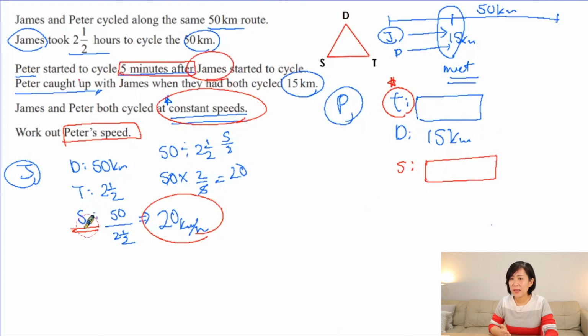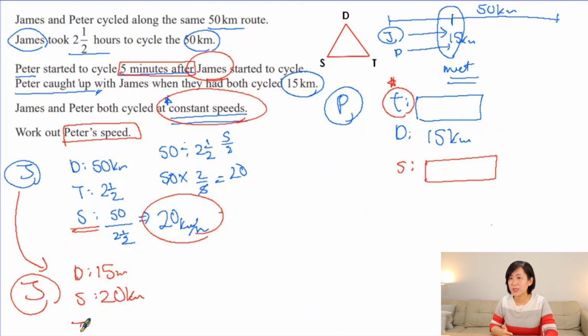As we know, James' speed is 20 kilometers per hour all the time, so when he traveled up to the 15 kilometers, he traveled at the same speed, 20. Then we can figure out the time.